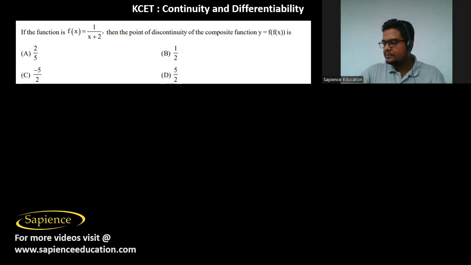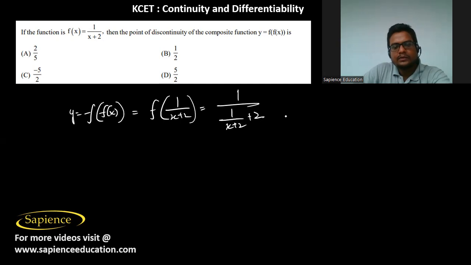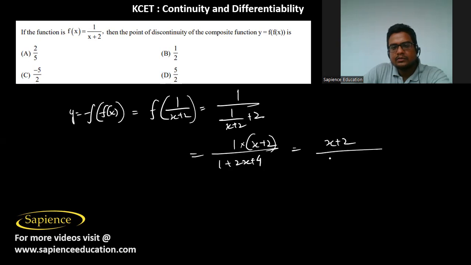Then here it is told that if the function f of x equals 1 by x plus 2, then the point of discontinuity of the composite function f of f of x is. So f of y equal to f of f of x, where f of x is 1 by x plus 2. So this will be 1 by 1 by x plus 2, plus 2. So this will be equal to x plus 2 by 2x plus 5.